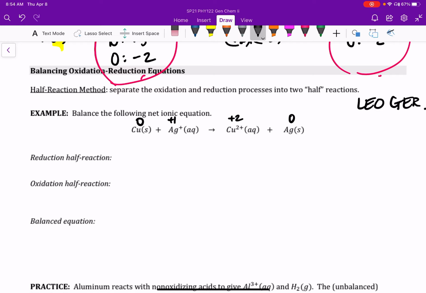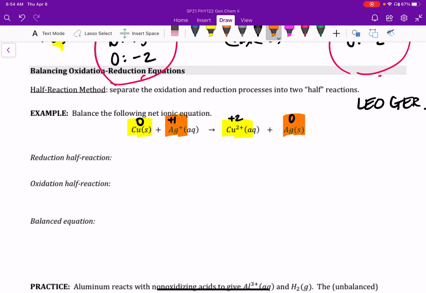So the copper is involved in the oxidation piece of this. We're going to split this into the oxidation and reduction piece. So the oxidation half reaction is going to involve my copper. And then the reduction, remember reduction is gaining electrons, or you can think of it as reducing that oxidation number, right? So if I'm gaining electrons, that oxidation number is going down, it's becoming more negative.